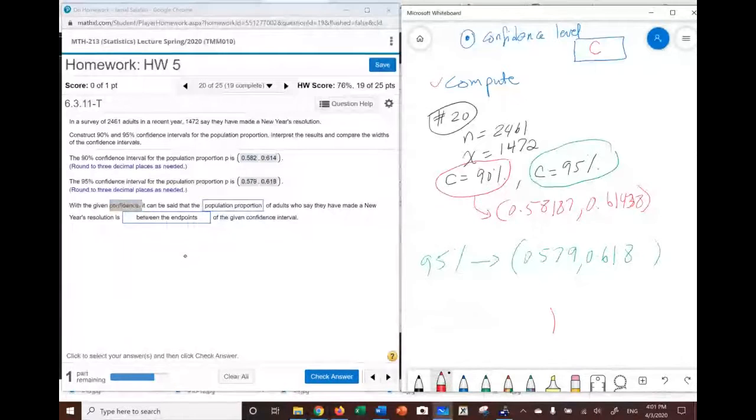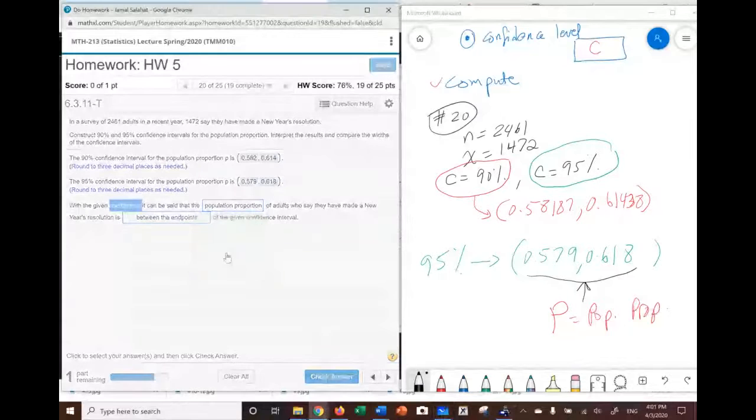Remember, we are chasing the P, and the P is the population proportion. Now, so we want to say from this interval that this captures the true mean. So in this case, it has to be in between the endpoints. And if we check the answer, it's going to be good.